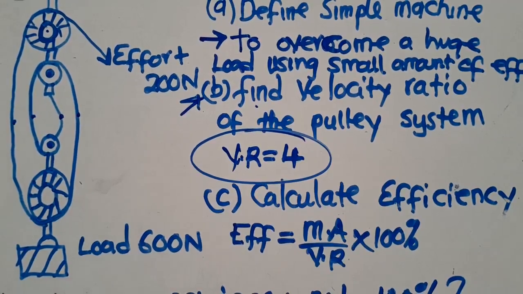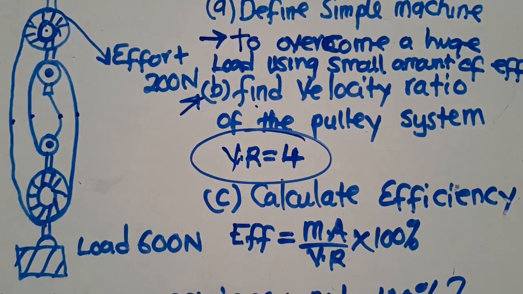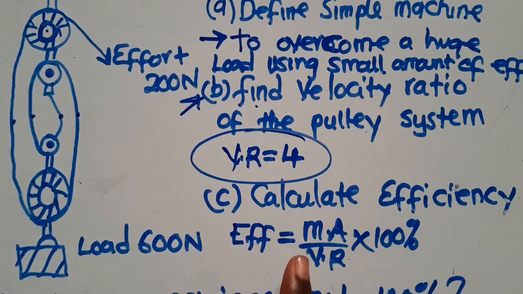These are the procedures that we follow each time we want to answer a question under this. You ask yourself, do you have the mechanical advantage? Is the mechanical advantage given?